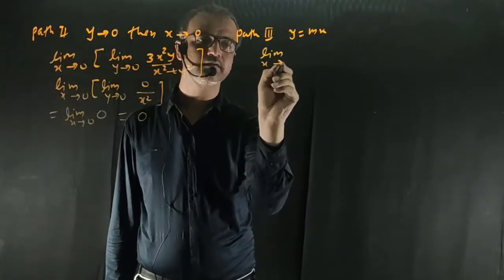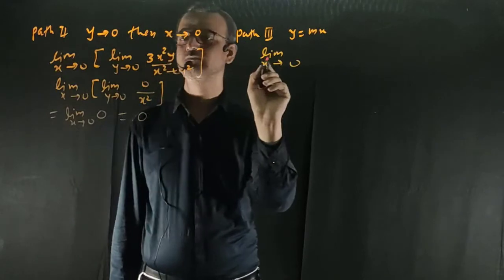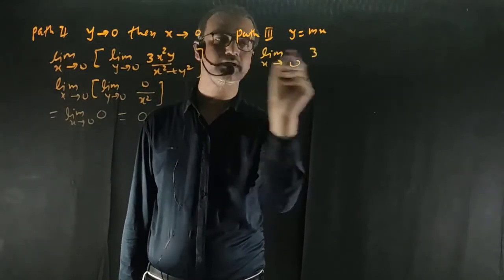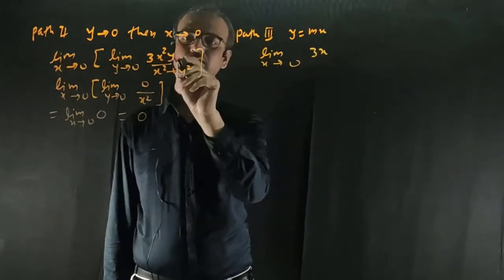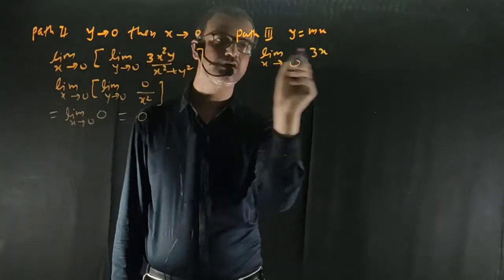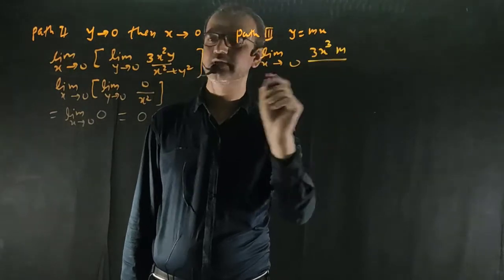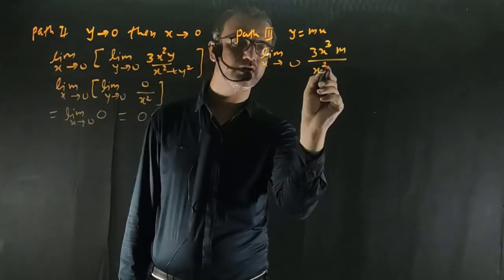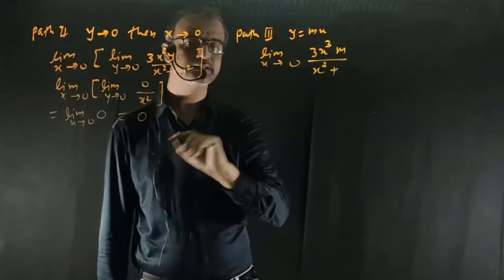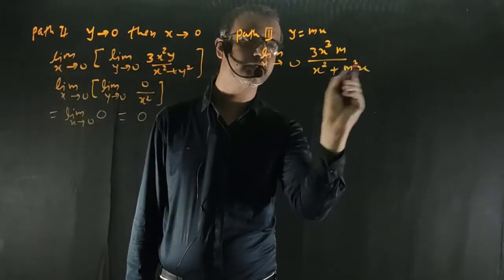So limit x tends to 0, 3 will be as it is, x square will be as it is, and y equals mx. So x square into x is x cube, m will be as it is, divided by x square plus y is mx, so it is m square x square.